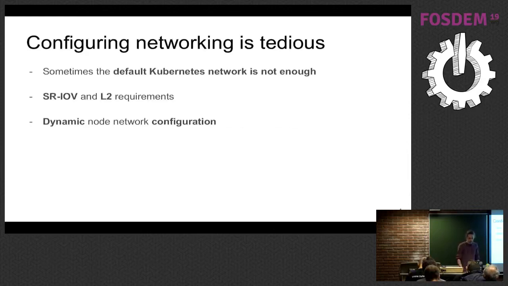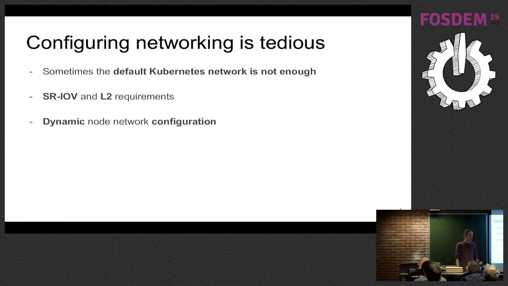So, in Kubernetes, usually what is enough for you is the default networking, which connects all your pods or VMs together into one interconnected network. However, sometimes you need something more complex, like connecting your pods to multiple L2 networks using SRIOV and so on.